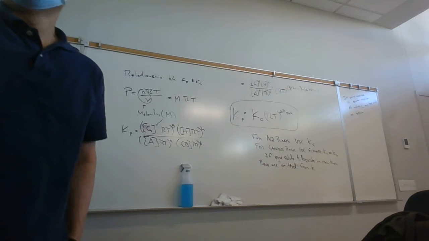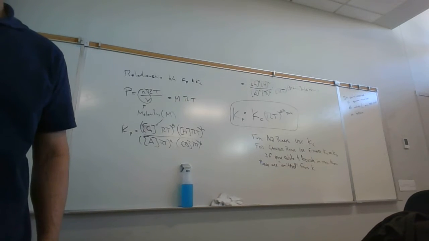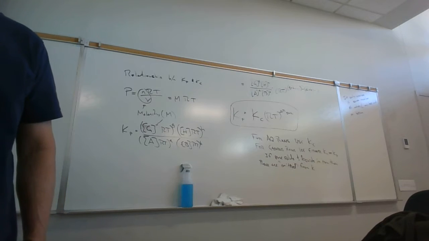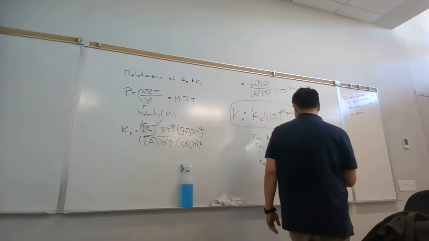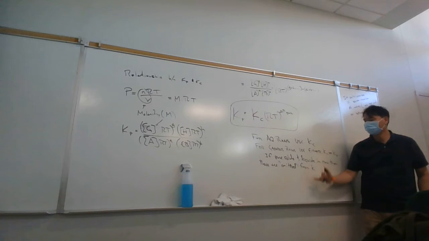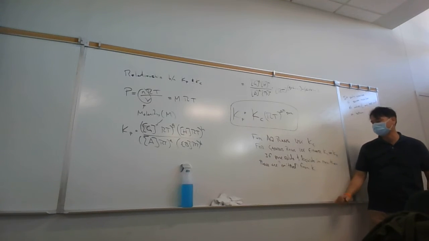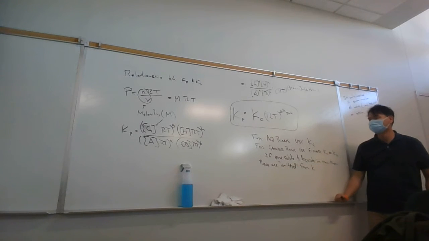What if I had 500 milliliters? Is that going to change the molarity of the water? No. It's pure water, so it's 100% water. Its concentration doesn't change, and so we don't include that. The same thing with pure solids. If it's a pure solid, its concentration is not going to change either. And so this is the reason they're omitted from the K expression.